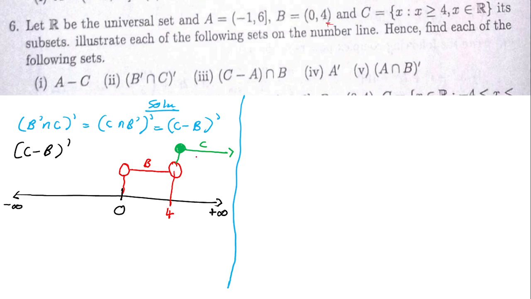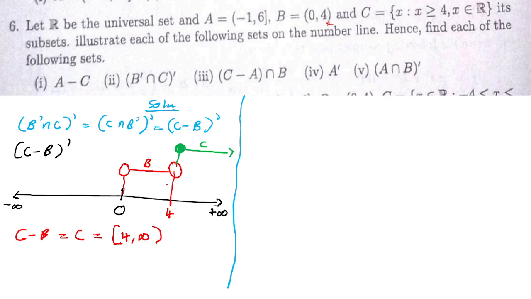So C has not been tampered with. So C minus B is the same as C, which is the same as 4 to positive infinity, the one which we simply found.